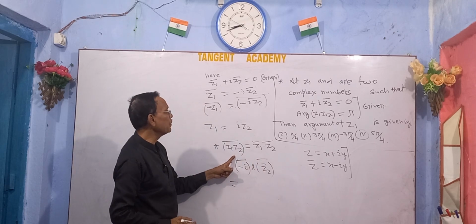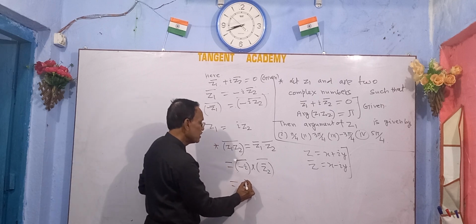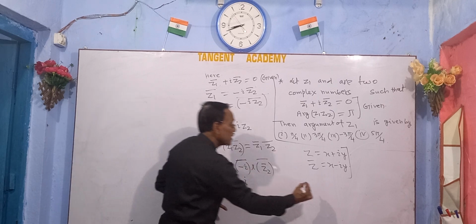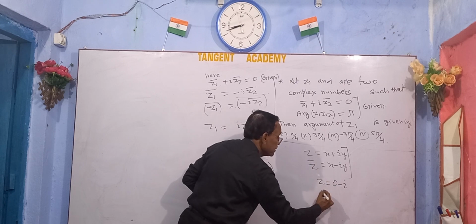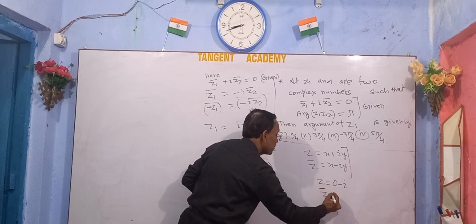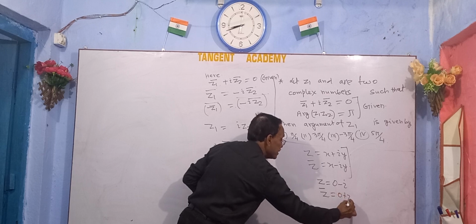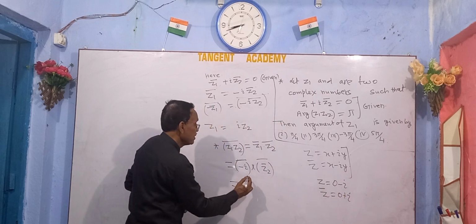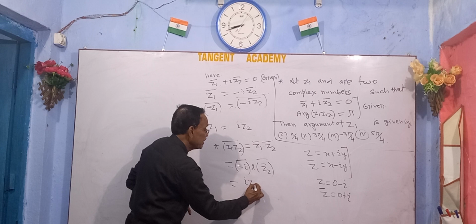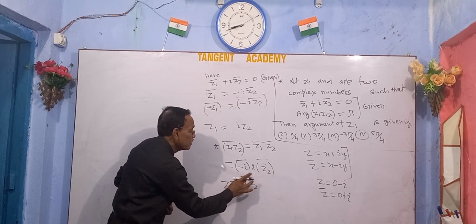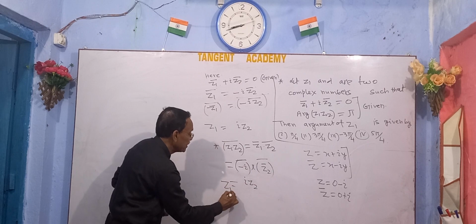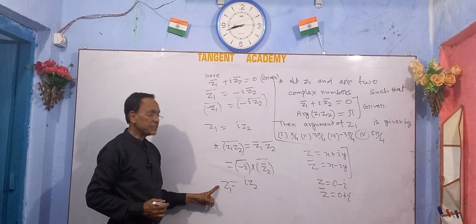Obviously it will give you iota, because minus iota can be written as Z. If Z is equal to 0 minus i, then Z bar will be 0 plus i. In such a case, iota Z2 is obtained. Z1 is equal to iota Z2.